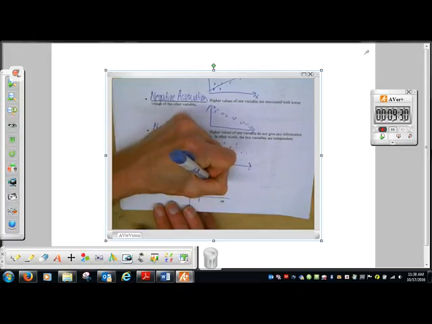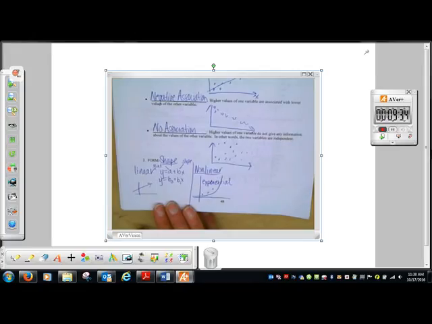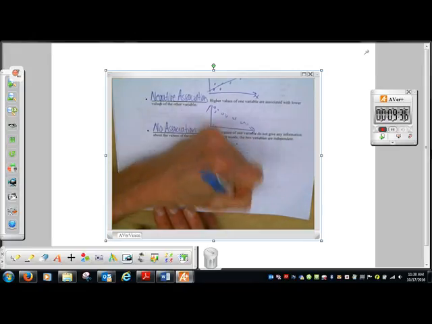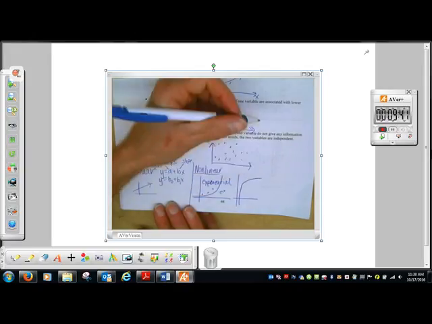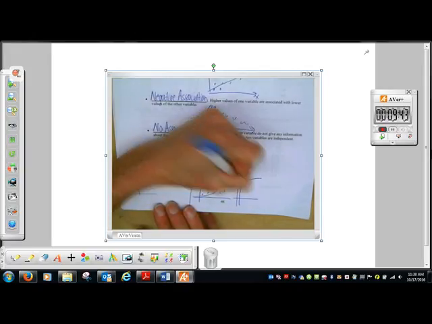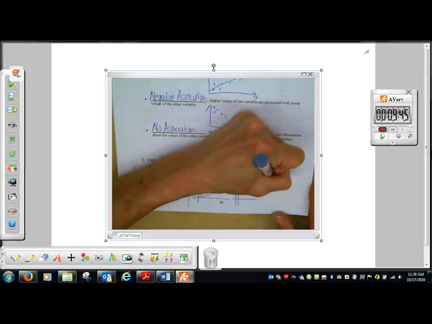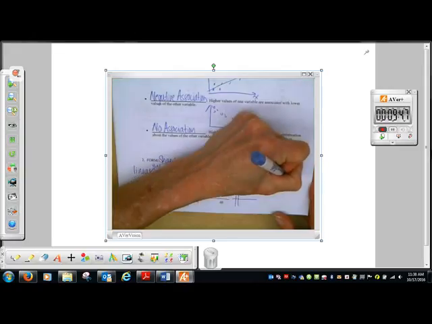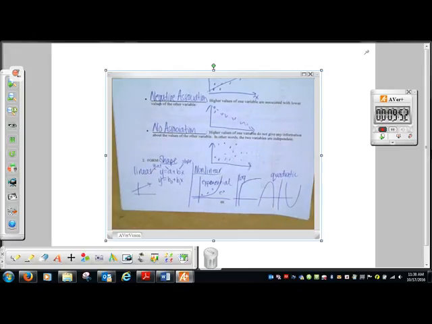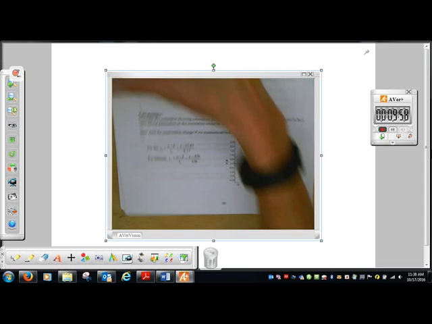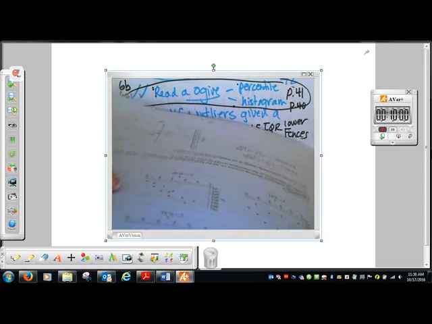All right, strength or scatter. The next thing we need to talk about is the strength, or the scatter. The amount of scatter is how far away the points are from each other. So you can have strong positive, strong negative, weak positive, weak negative. So we go up from left to right, and the points are really tight together, not very far away from what would be a regression line.